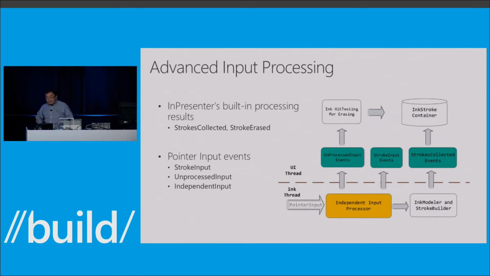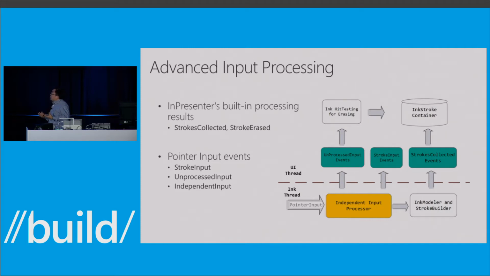So let's first step backward to take a look at the event model of ink presenter. As Francis showed you before, in the default dry mode, when we do some processing, we use the input to ink, we raise the stroke collected event.